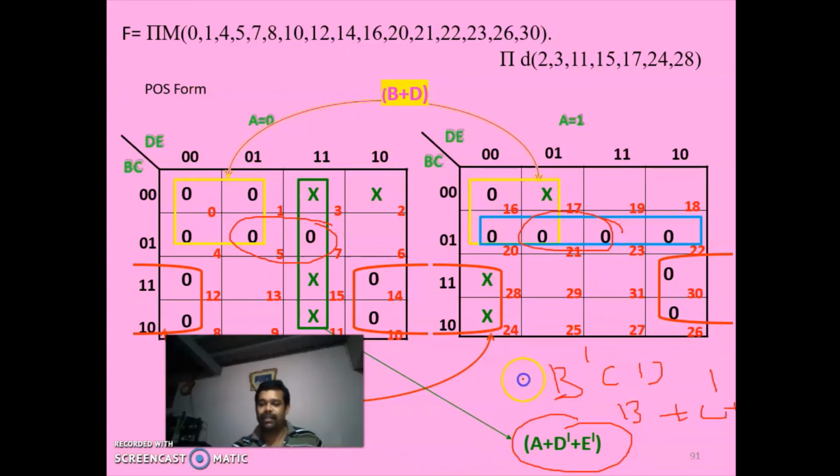Anyway, you are getting three literals. Either you can take like this or you can take like this. Both are the same because the number of literals you are getting is the same. Okay.